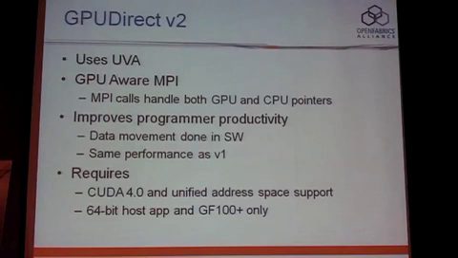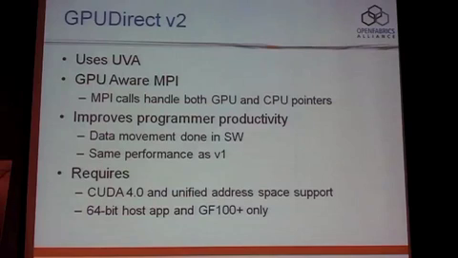So the availability of UVA and the elimination of pointer aliasing allows us to do some smarter things with pointers now. And the first of those is what we're calling GPU Direct version 2. It harnesses UVA under the covers, because remember now we've eliminated pointer aliasing.